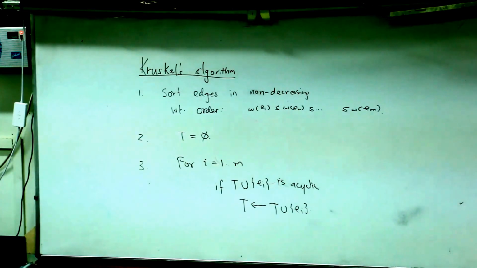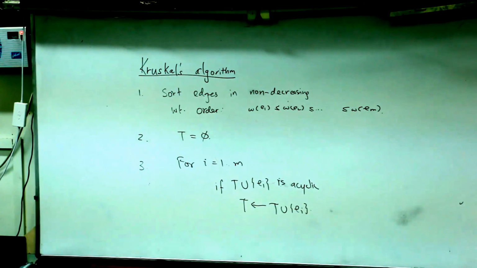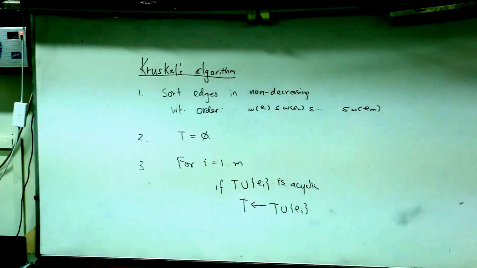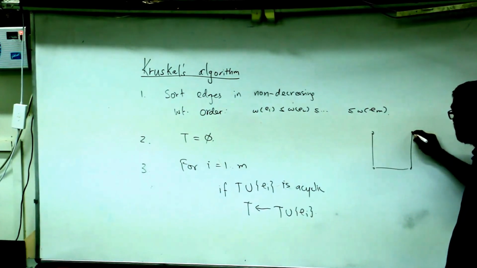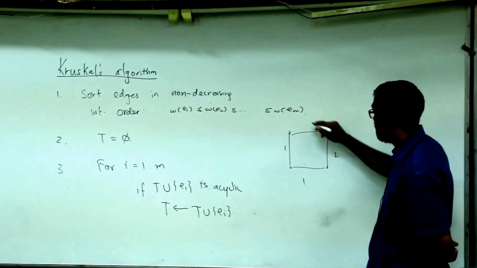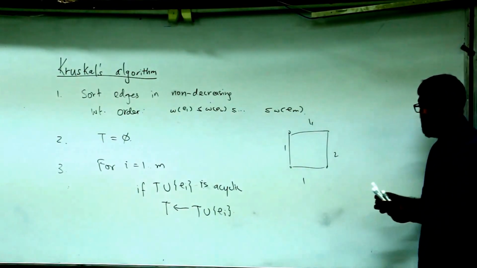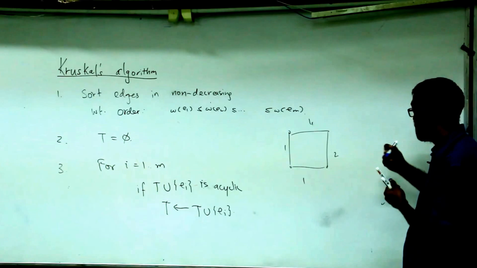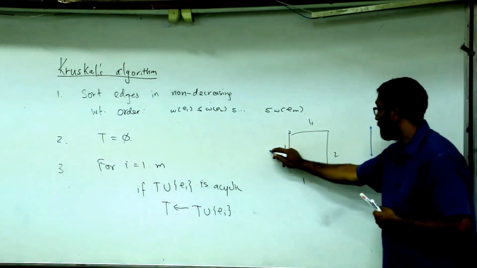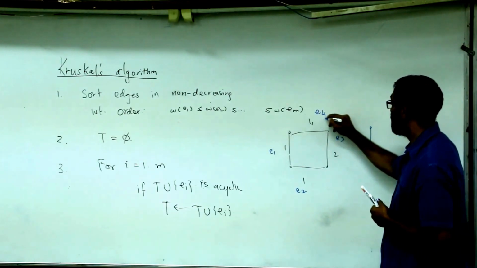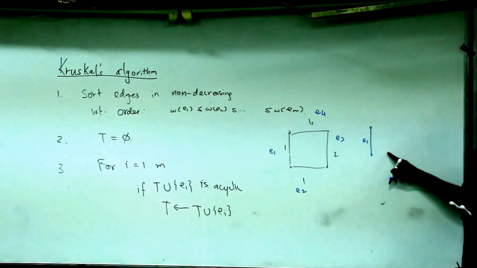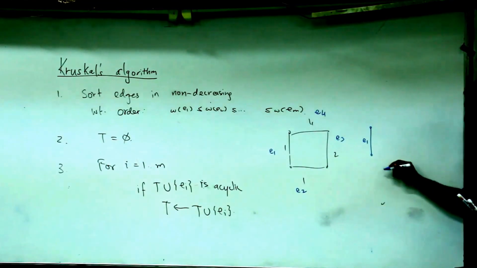So for example here, let's say we break ties arbitrarily. This is the first edge and this is the second edge. We would look at this edge first, then the ordering would be, let's say, E1, E2, E3, E4, and we would add E1, which is fine.